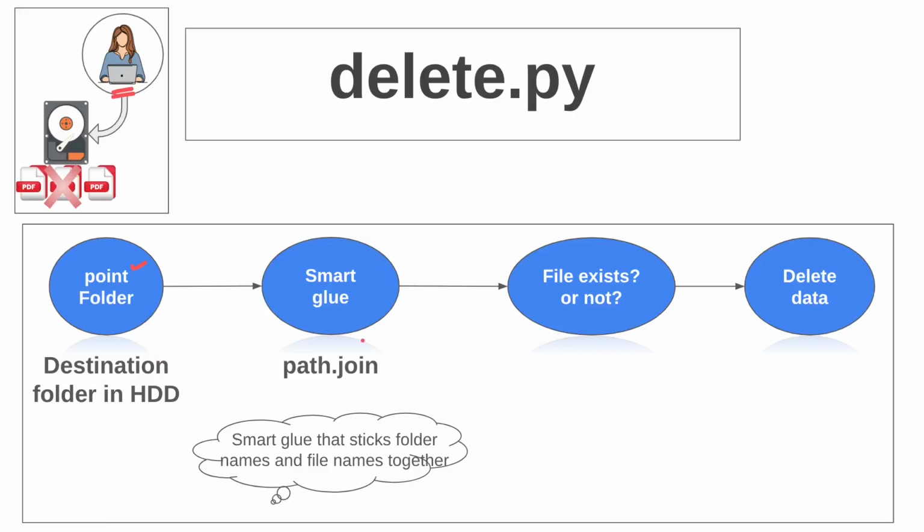Then we will use join for this, meaning folder slash file name. Then we will check whether the file exists or not. If the file exists, we will delete it, and if the file does not exist, we will raise an HTTP exception.